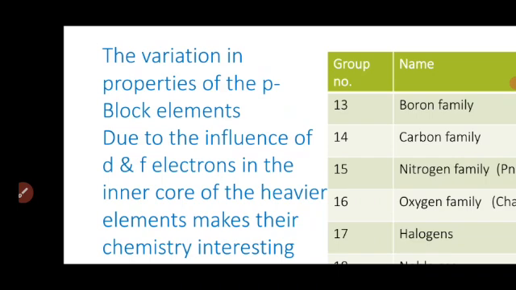Heavier means when we move down the group, as the atomic number increases, the number of protons and electrons also increases, and these elements we say heavier elements.